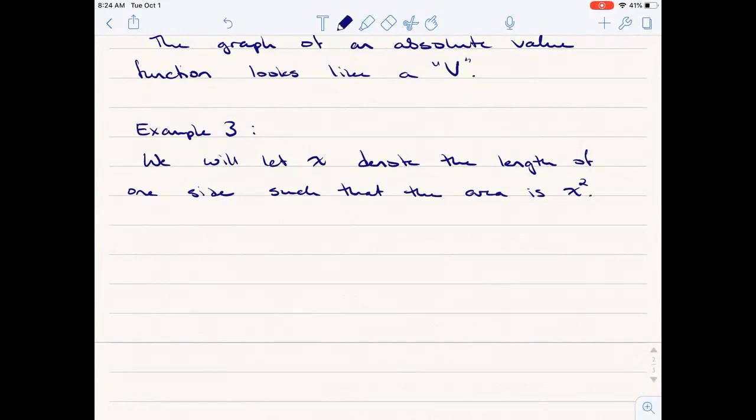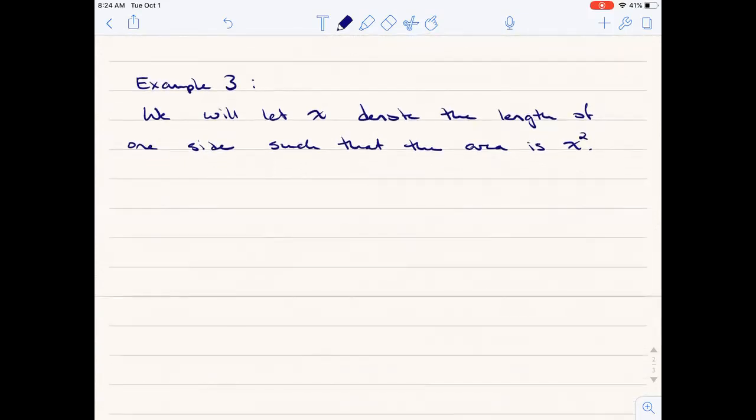If you had to find the area of a square, you take x times x, if the length is x. So that's our area.